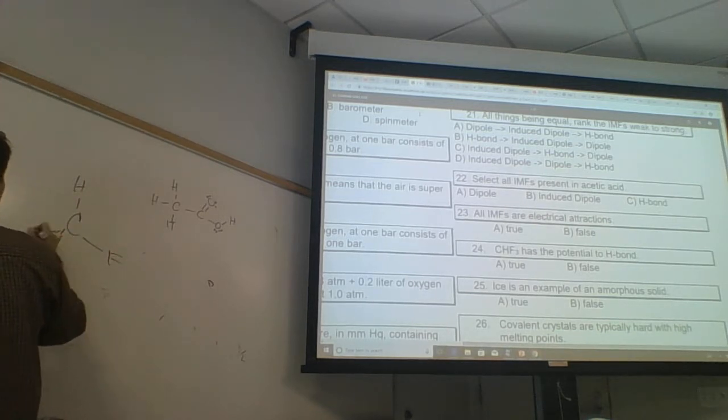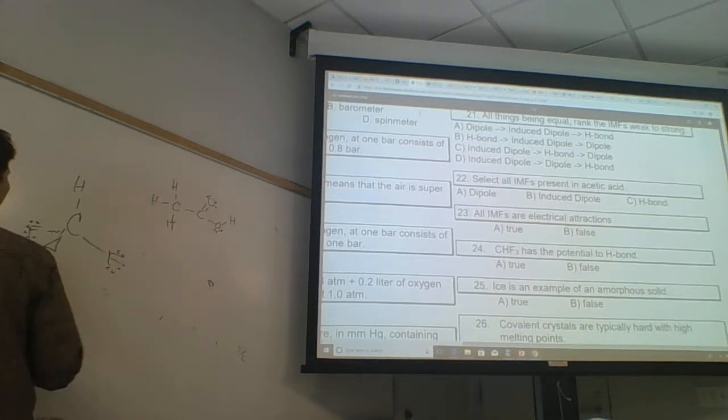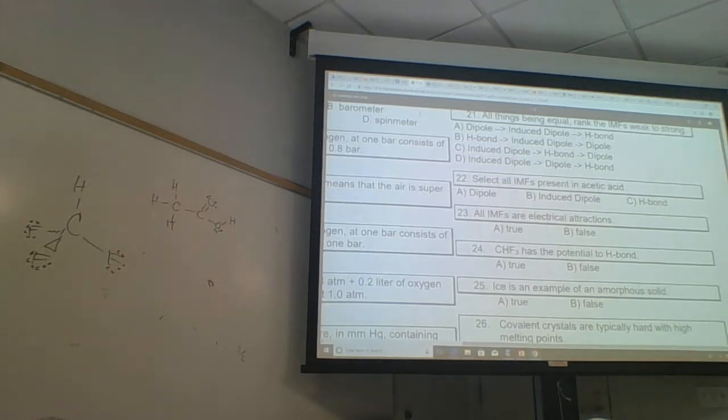There's going to be 4 bonds. And so in this case, what are the IMFs present? No hydrogen bonding. The hydrogen has to be directly bonded to the fluorine. It's not. It's bonded to the carbon. And hydrocarbon bonds are nonpolar anyway, or close enough to nonpolar to call them nonpolar.